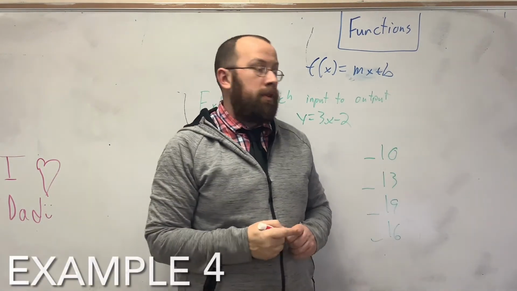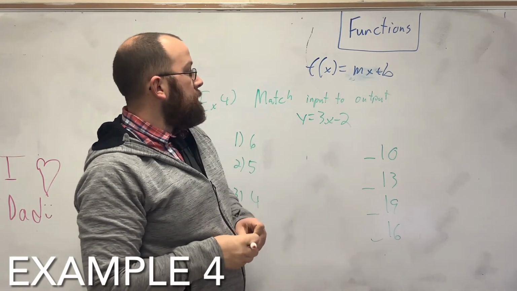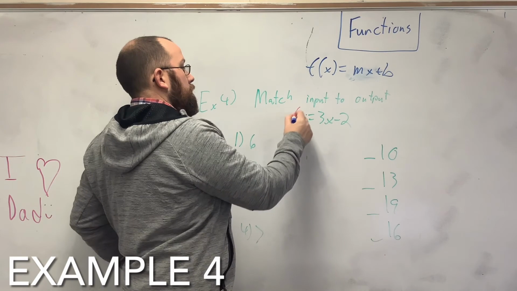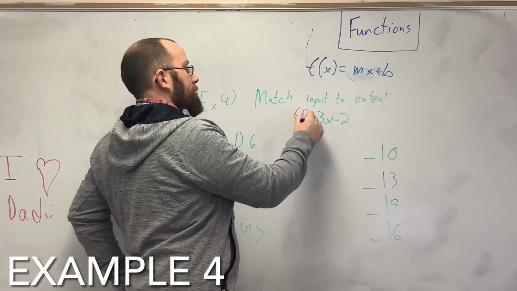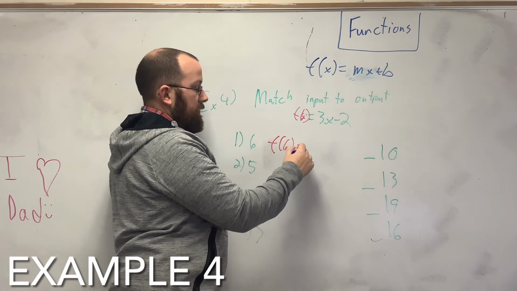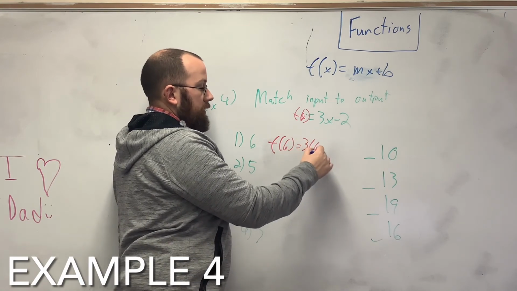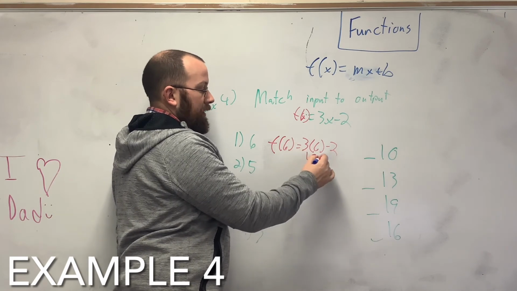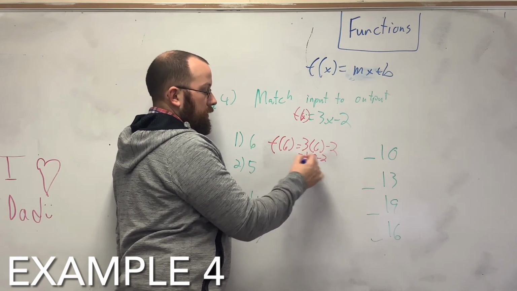All right, the last one, what we're going to do is we're going to match the inputs to the outputs using this. So f of 6 equals 3 times 6 minus 2. So 3 times 6 is 18 minus 2 is 16.